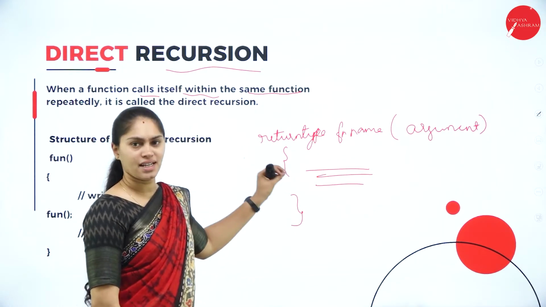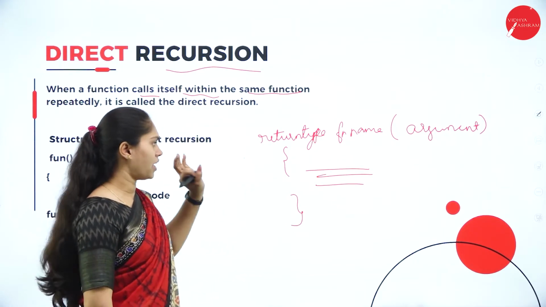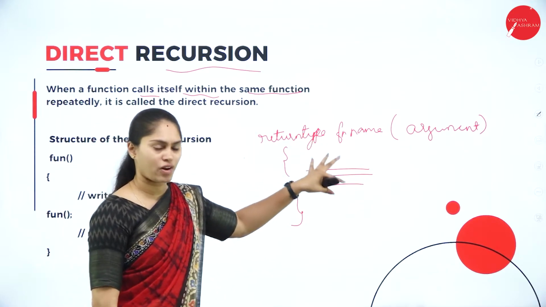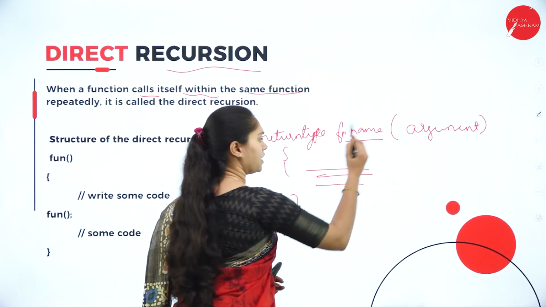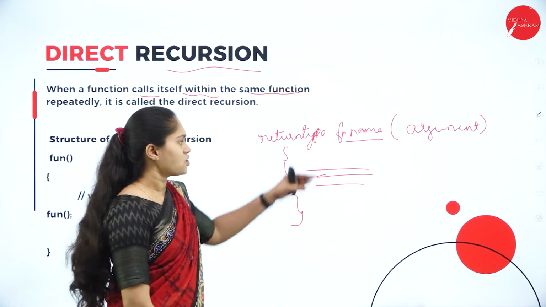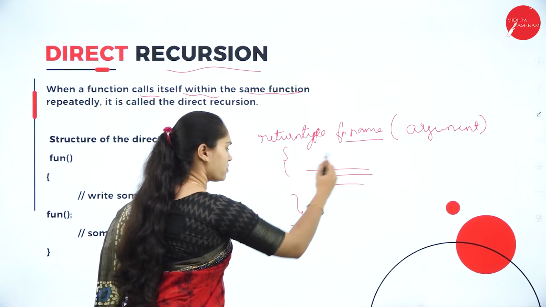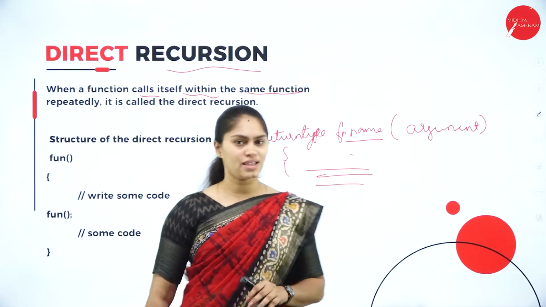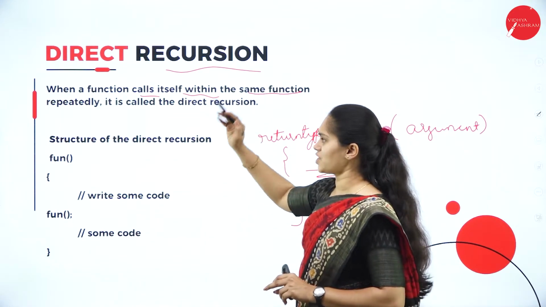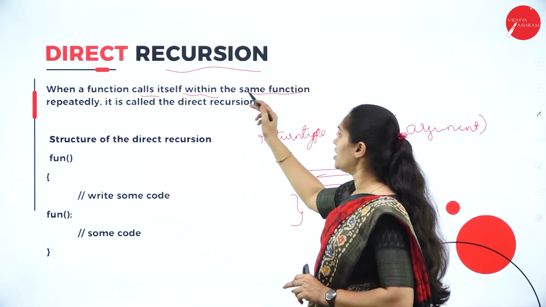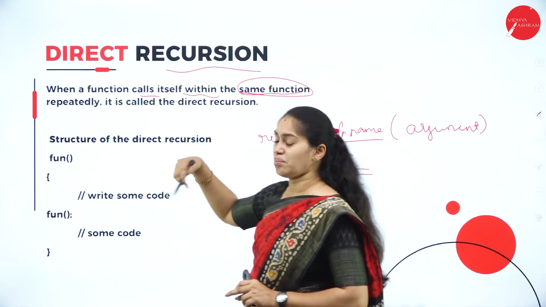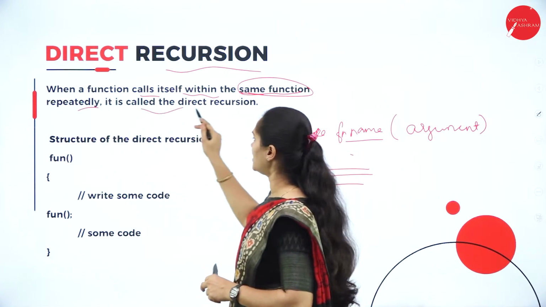This is the syntax of a function usually, right? So for example, here I need to give a name for a function. When this function calls the same function within the same block of statements, we call that a direct recursion. So when a function calls itself within the same function repeatedly, we call that direct recursion.